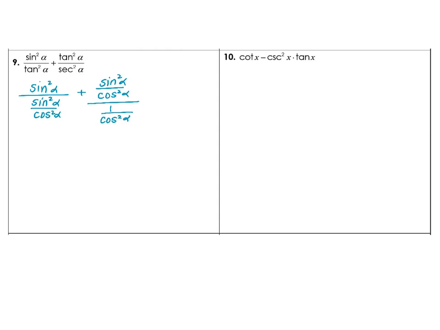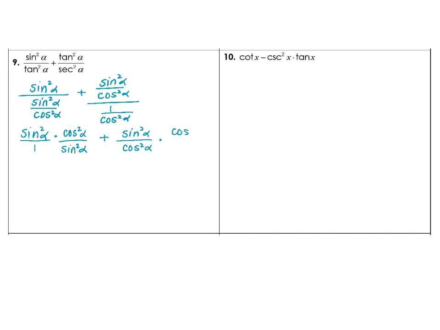All right, so let's see. From here, we can simplify. We are going to multiply by this reciprocal. So we're going to have sine squared alpha, we'll put that over 1, times cosine squared alpha over sine squared alpha. Plus, in the same situation over here, we're going to take that numerator and multiply it by the reciprocal.